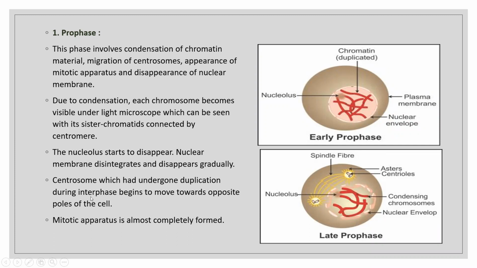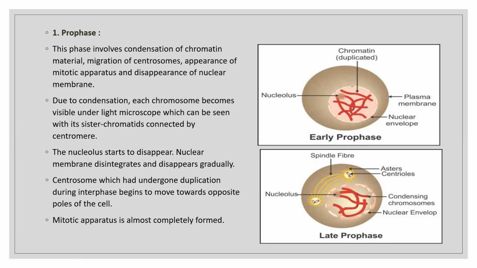The centrosome, which has undergone duplication during interphase, begins to move towards the opposite poles of the cell. Now, as I said, the centrosome is one of the cell organelles, and it gives rise to centrioles. This centrosome initially undergoes duplication during interphase. Interphase is the phase previous to prophase.